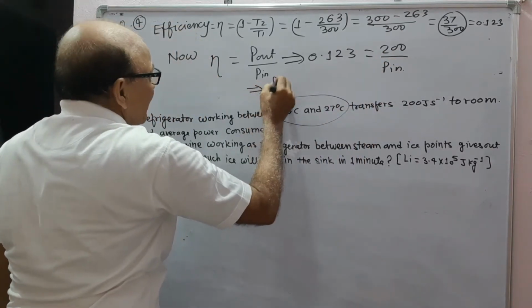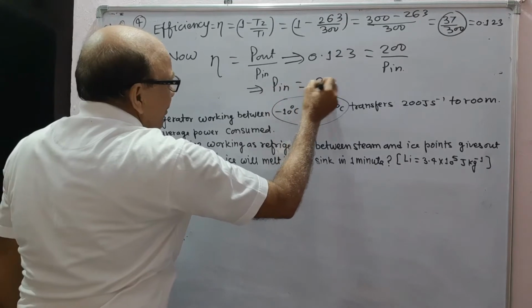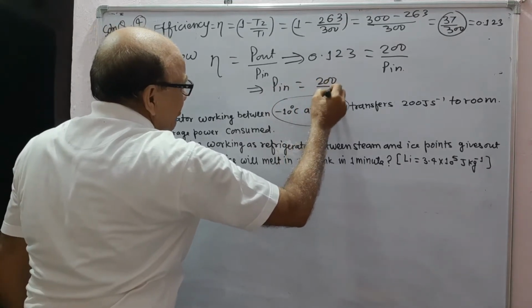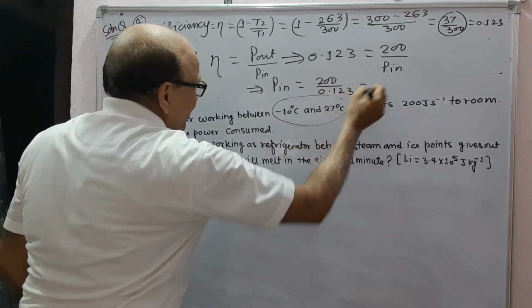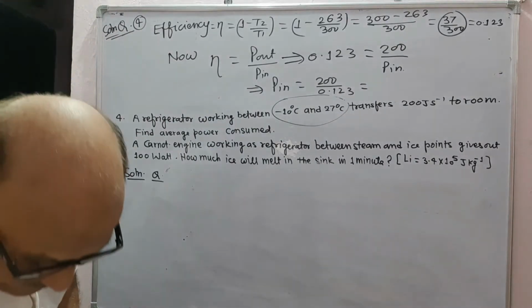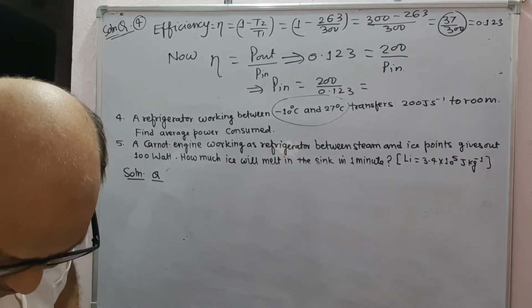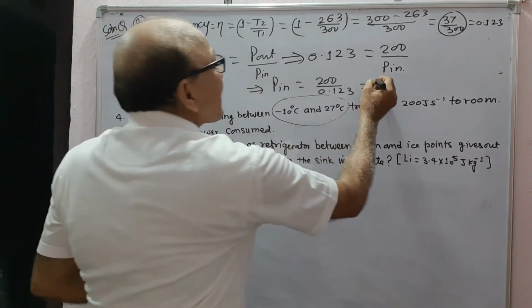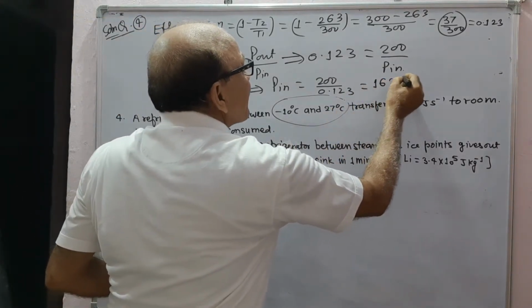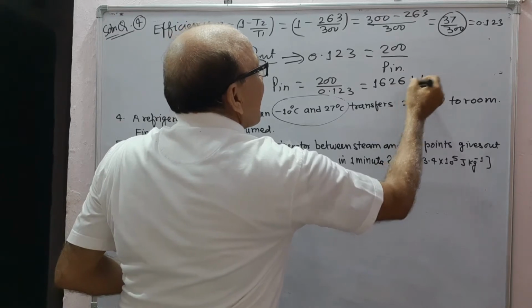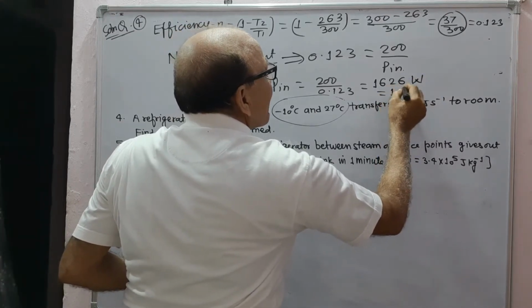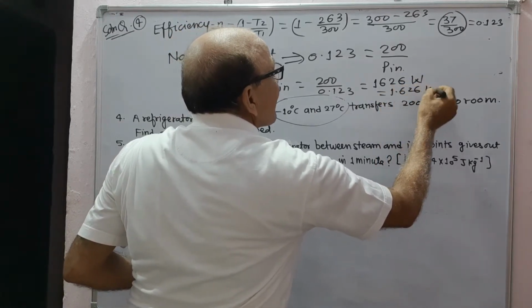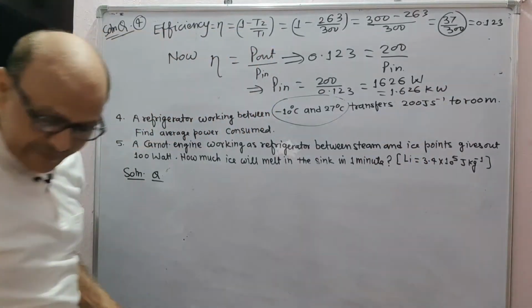This gives P input equal to 200 divided by 0.123, which will give 1626 watt, or 1.626 kilowatt, which is the answer.